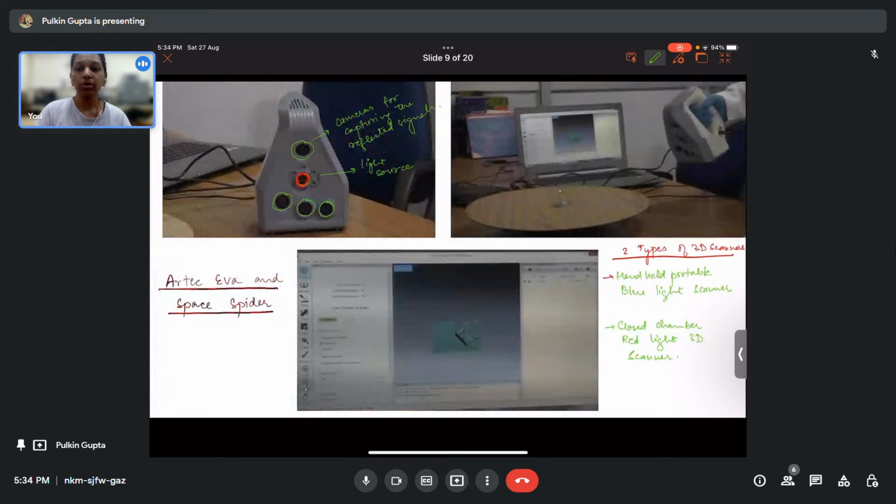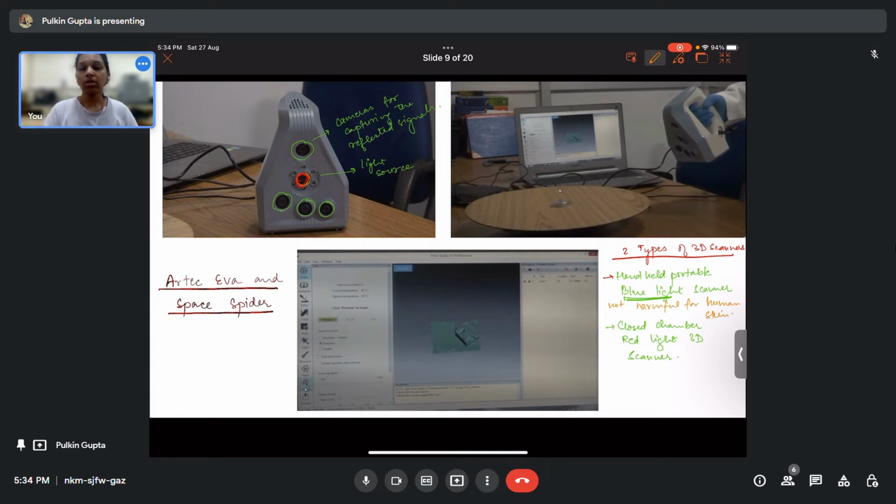Now, this was the portable scanner, and why blue light? Because this blue light is not harmful for human skin or human interaction.